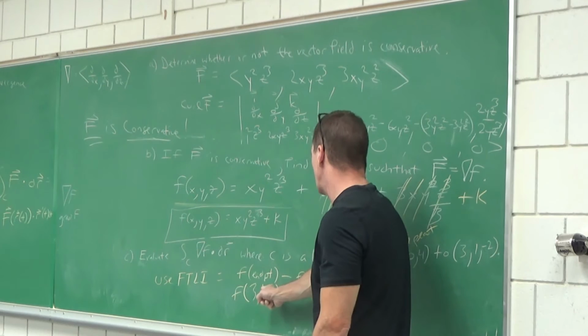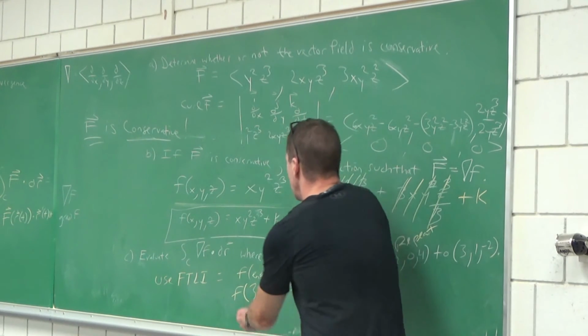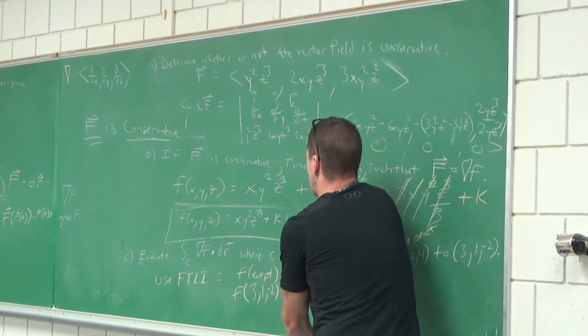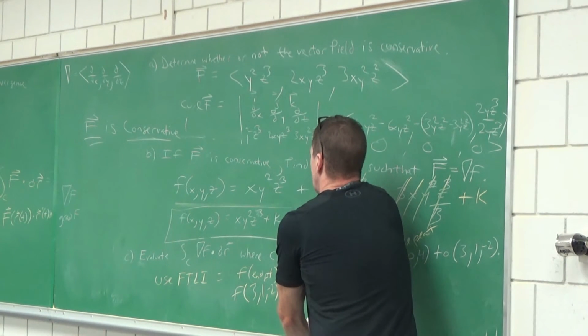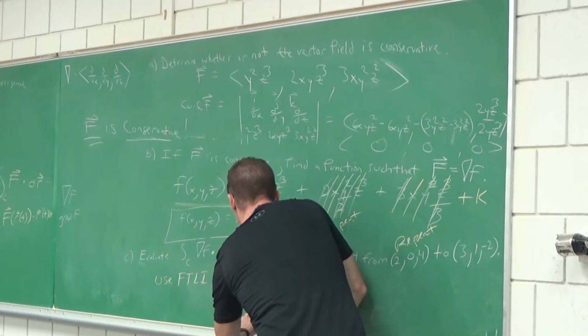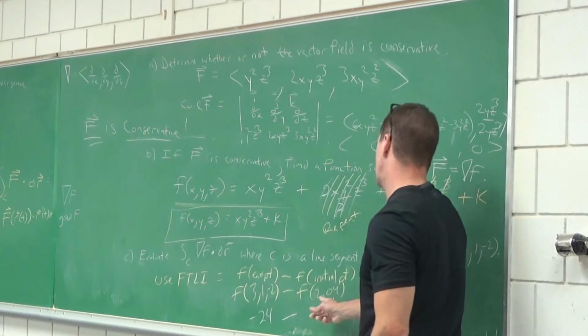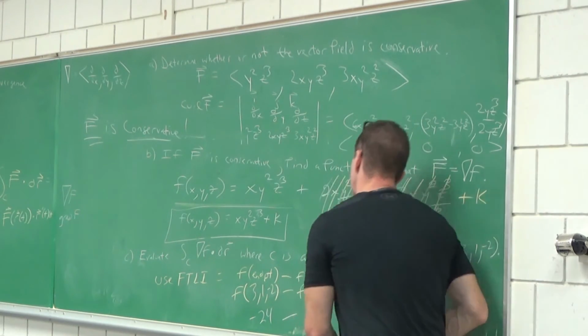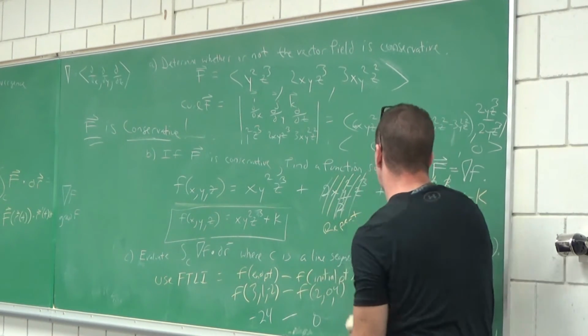What's 3 times 1 times negative 2? 3 times 1 squared times negative 2 cubed. Is that negative 24? Yeah? Okay. This looks easier to plug in because of the 0. What do you get for your final answer?